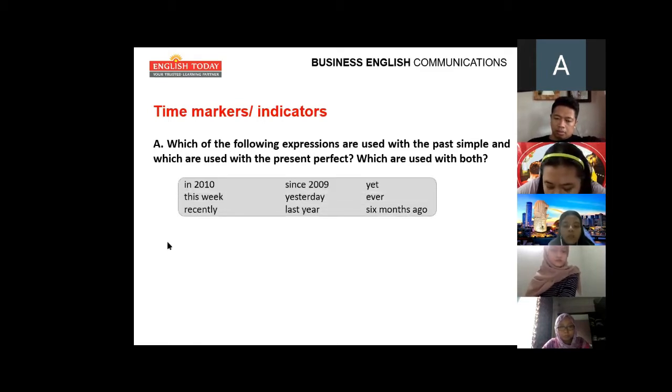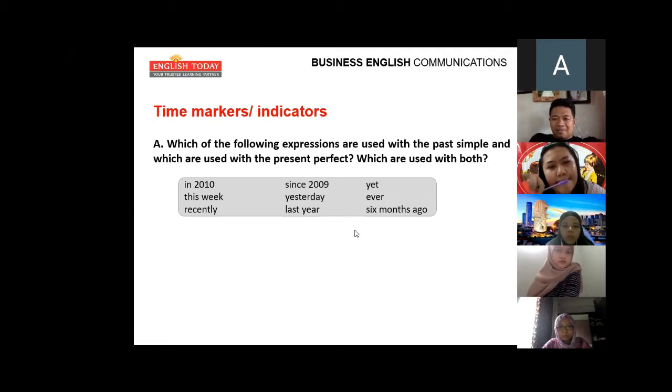So, how many words here? We have 1, 2, 3, 9 different words. Aris, if I have this word, the first one, in 2010, do you think that belongs to past simple or present perfect? In 2010, Aris.